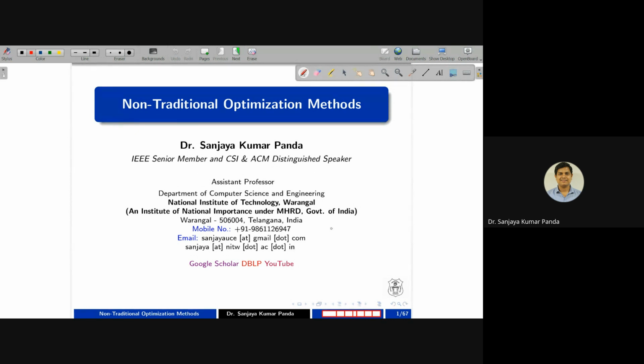As the name suggests, non-traditional optimization methods. Non-traditional means we are heading towards modern optimization methods, because optimization is not completely new; it has been there from long back.